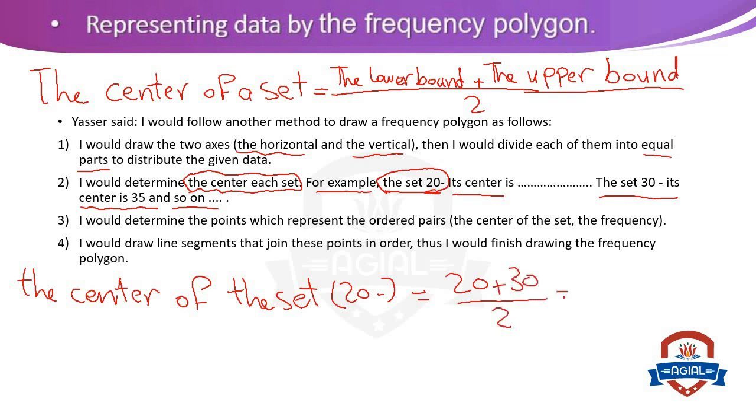So we have 20 plus 30 equals 50, so 50 over 2 equals 25. So the center of the set 20 equals 25, and the center of the set 30 equals 35.